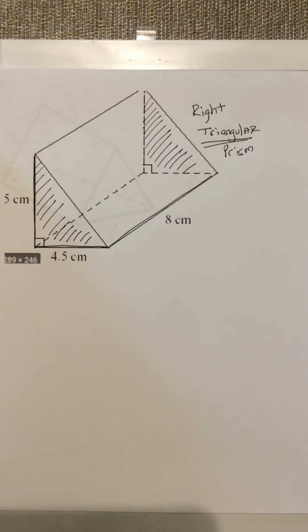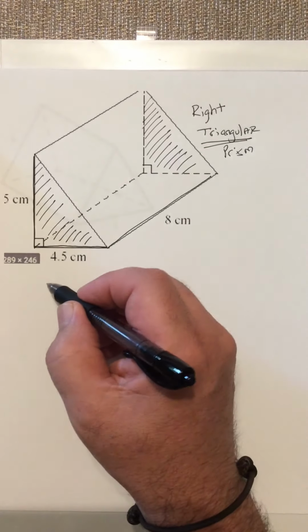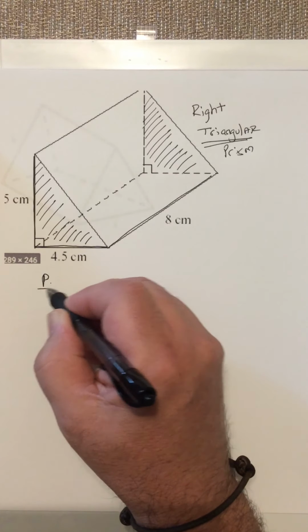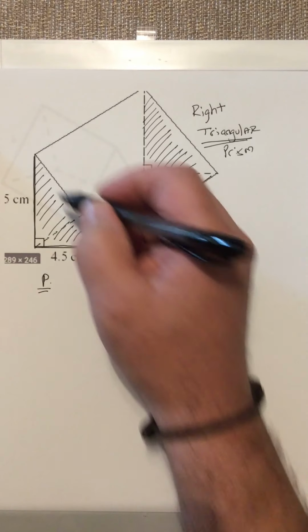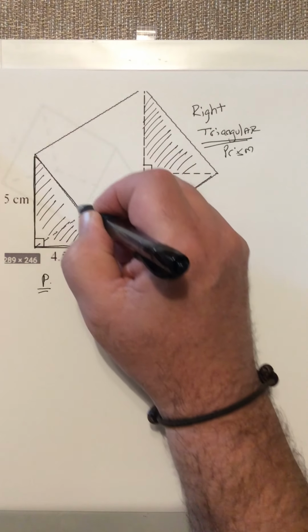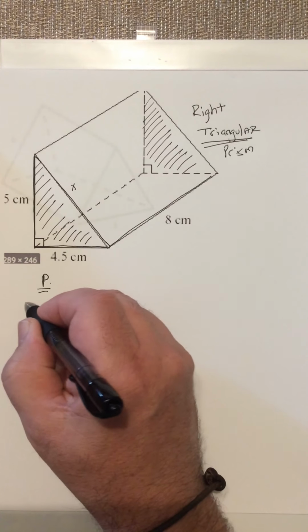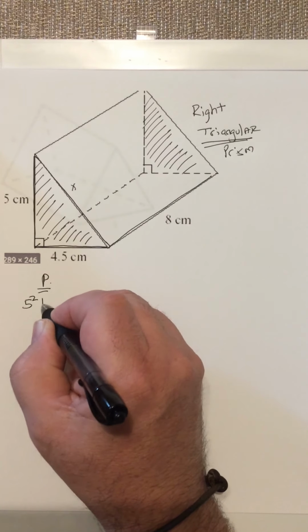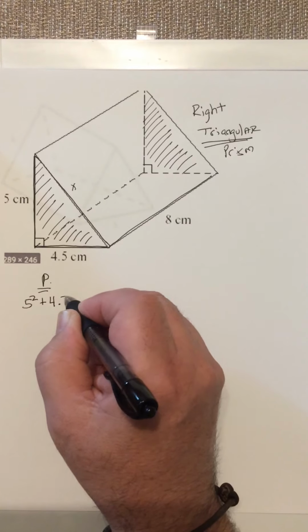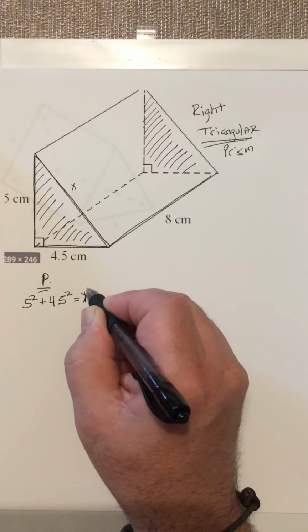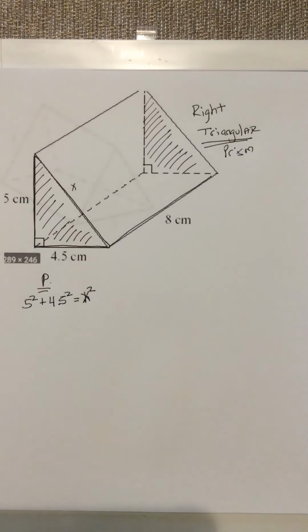So the first thing I need to do is find the perimeter of the base. That's P. And to do that, I'm going to have to use the Pythagorean theorem to get this side right here. So we're going to go 5 squared plus 4.5 squared is my hypotenuse. I called it x squared.